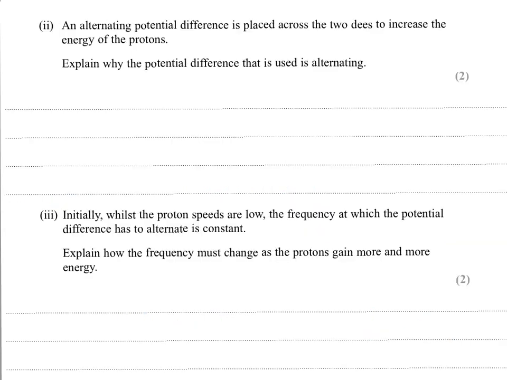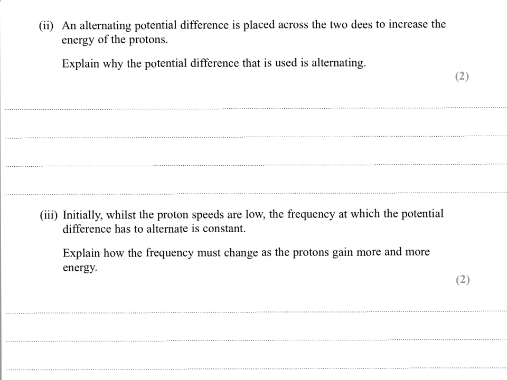Okay, part 2. An alternating potential difference is placed across the two Ds to increase the energy of the protons. Explain why the potential difference that is used is alternating. Okay, because every time the protons cross the Ds, they're crossing in the opposite direction.